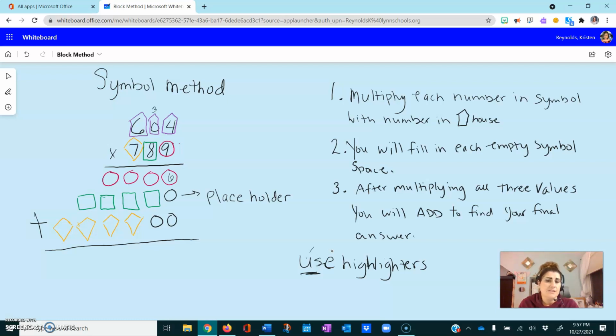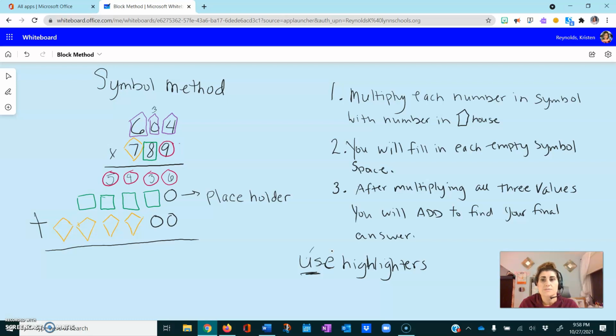So that means that my answer would be 3. So I'll put 3 here. Don't forget to add your carried numbers. 9 times 6 is 54. So I'm going to put 5 here and then the 4. So 54. All right, so my circles are done.